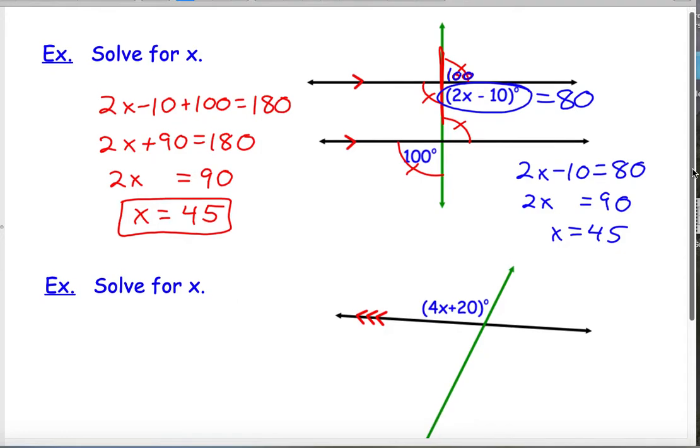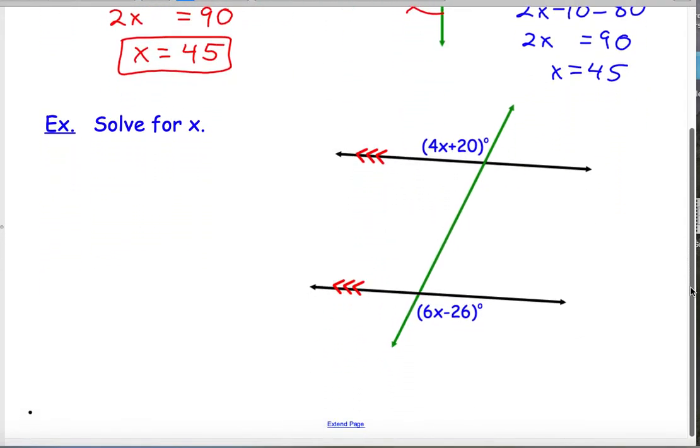Solve for x. Might be a good idea here to hit pause and try and solve it, and then see how you did. All right, so let's start by marking angles. This angle is congruent to this one, is congruent to this one, is congruent to this one. That means the other 4 are congruent.